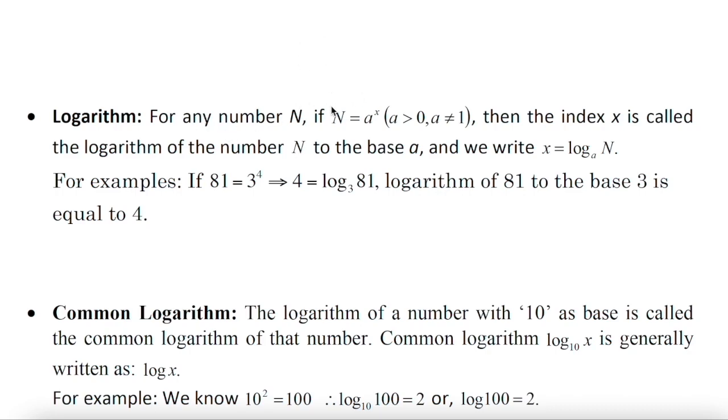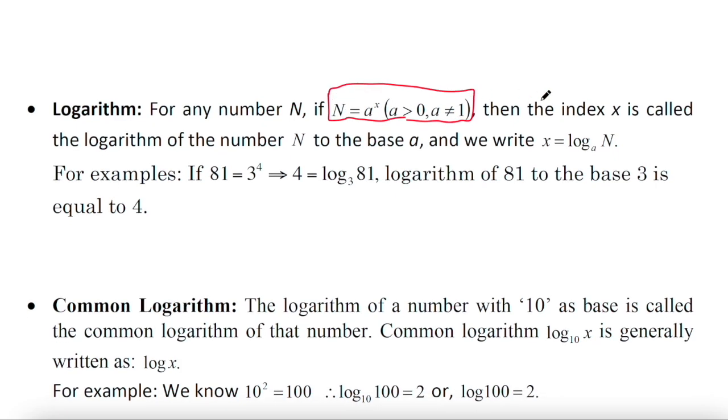Any number we can represent by exponential form like this, n equal a to the power x, where a is the base, and we know base should always be positive but not equal to 1. So if you can write any number in exponential form like this, n equal a to the power x, then from here we can write x equal logarithm of n to the base a.